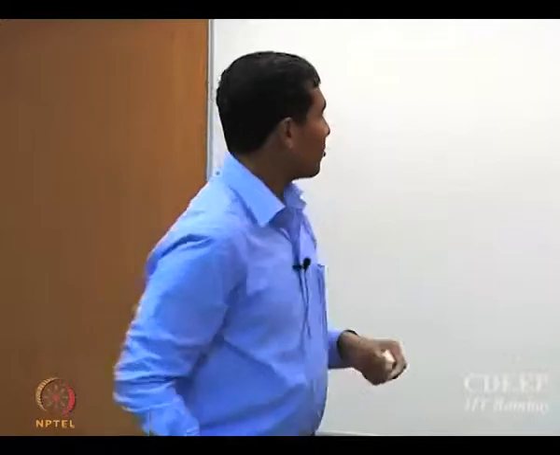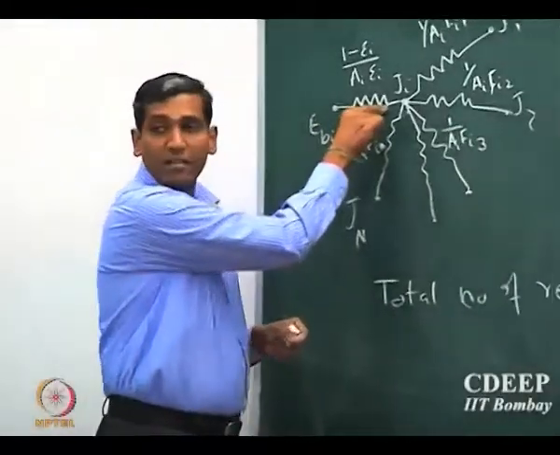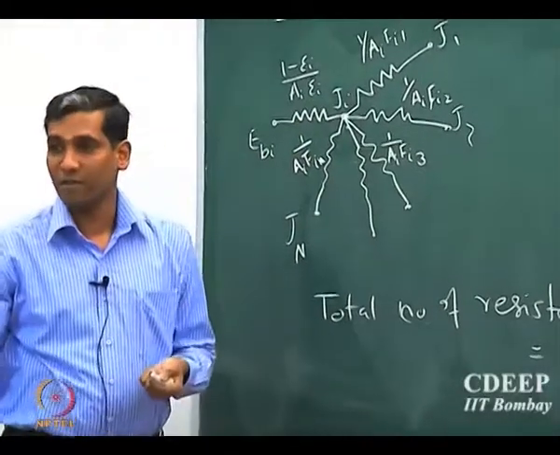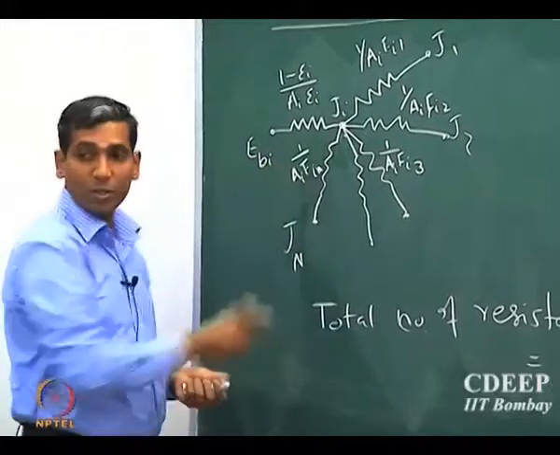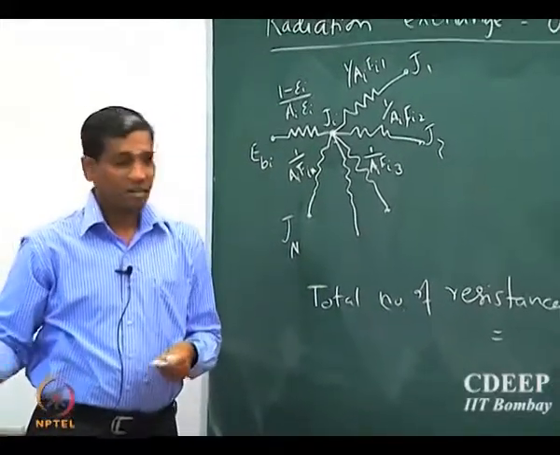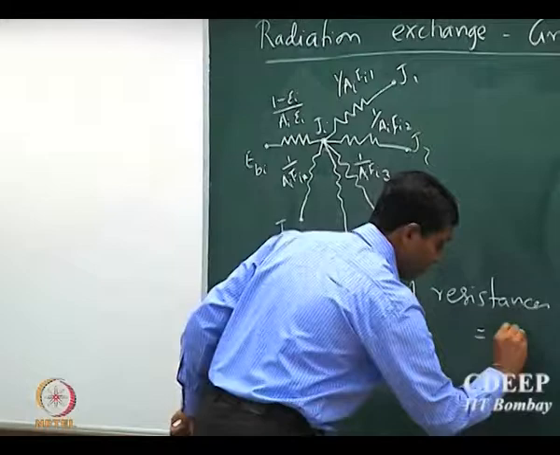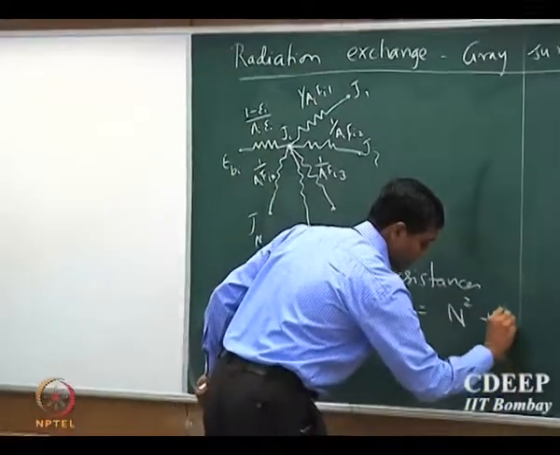So, that gives you n square, but you also have the resistance offered by the properties of the surface, one resistance for every surface. So, the total number of resistances is equal to n square plus n.